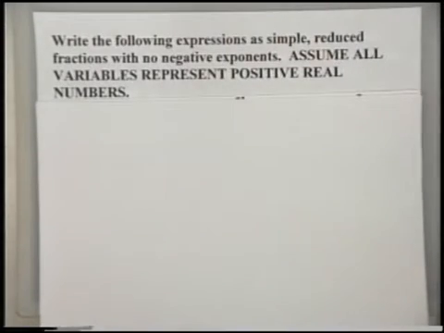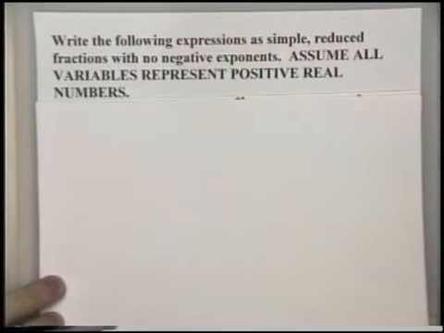Now, really, it may not say that. It may just say simplify the following. But what they mean by simplifying in this situation is to make each expression simple, reduced, with no negative exponents. And we are going to assume here that all variables represent positive real numbers.